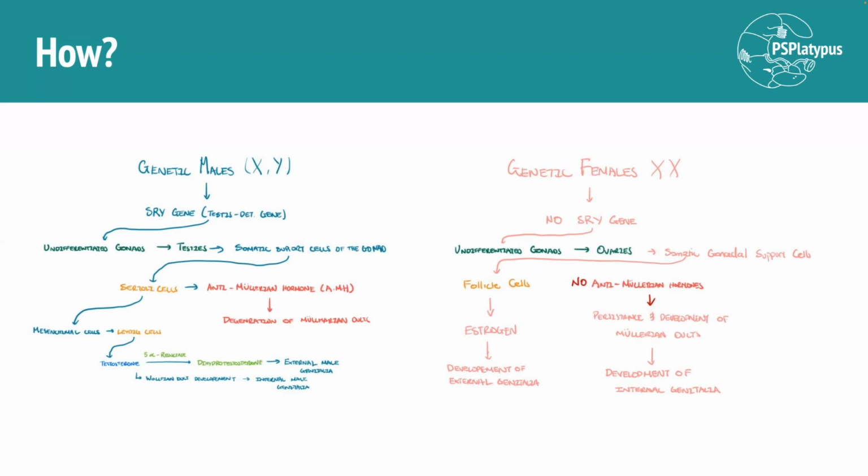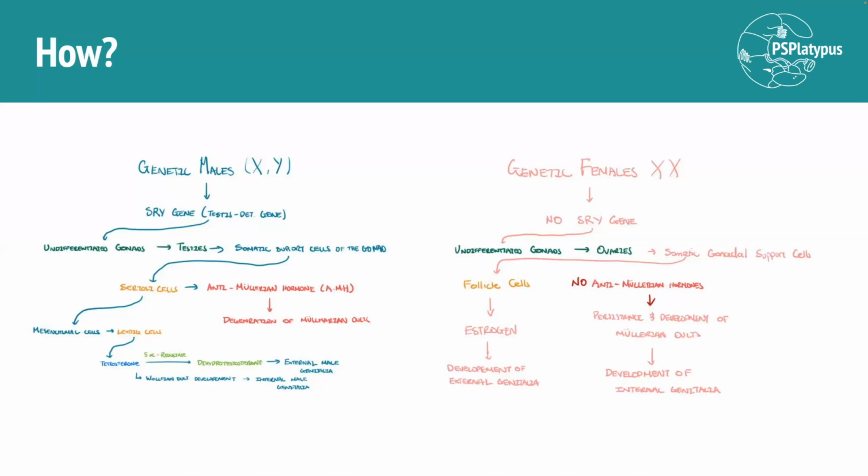Therefore, there is the persistence and development of the Mullerian ducts, whilst there is no testosterone or high levels of testosterone, and therefore the degeneration of our Wolffian ducts, and therefore no development of our male genitalia. Additionally, the follicle cells produce estrogen, which acts to develop the external female genitalia.